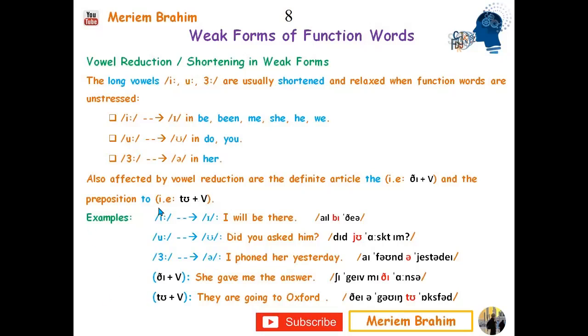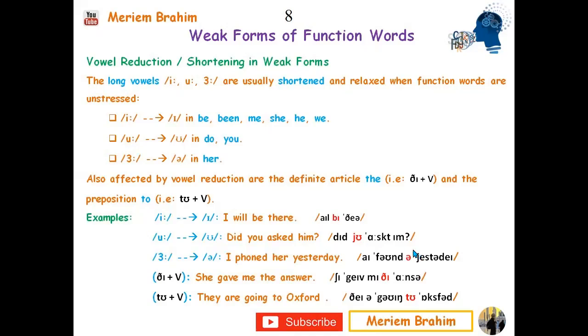We have some examples here. We start with long ee, which becomes short i. I'll be there. Be here becomes short. We don't say the long be. I'll be there.